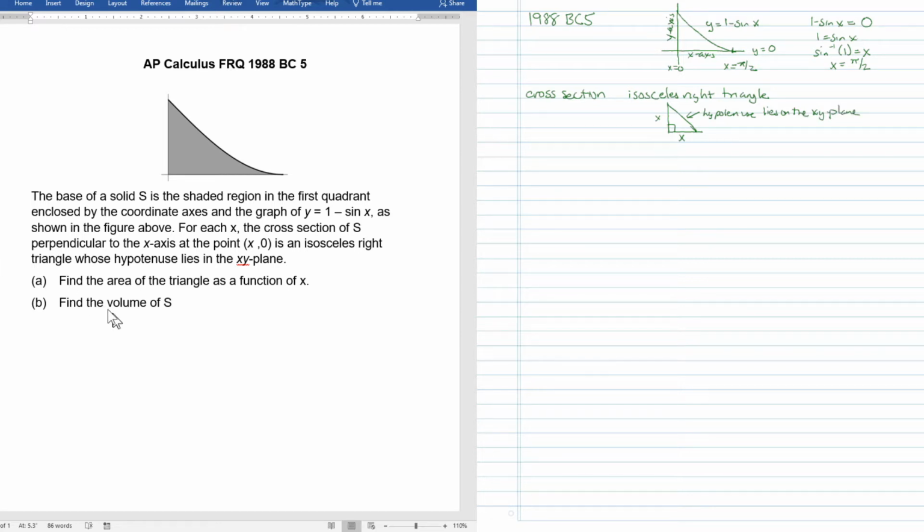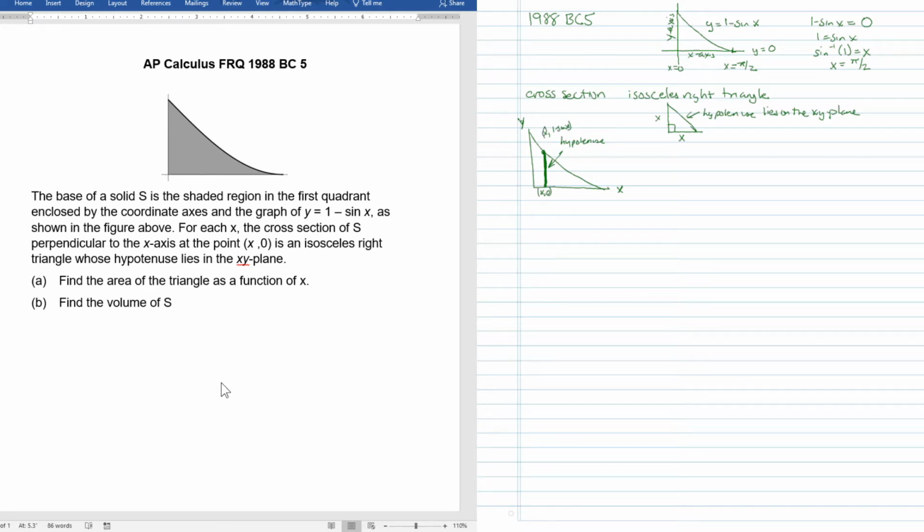What does that mean? Well, let's draw our graph again, with a curve. And this segment is going from the x-axis to the y-axis. Therefore, this whole sheet of paper right here is the xy plane. So the hypotenuse, which is this piece right here, is actually going to be the line segment from x comma 0 to x comma 1 minus sine of x.